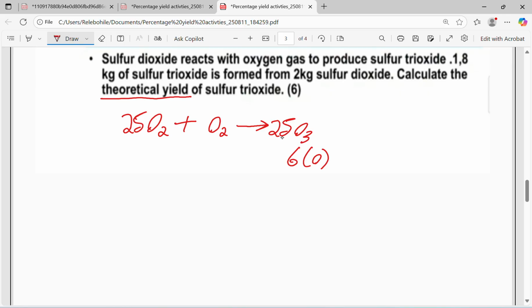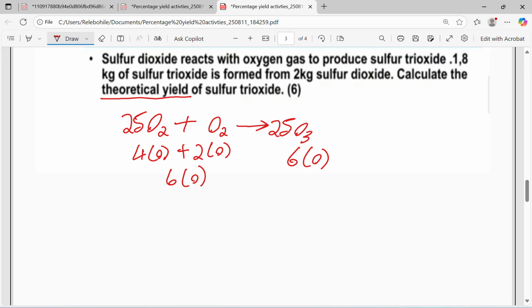Once I'm done with this part, I check my oxygens. Sulfur is 2 here, even this side. But what about oxygen? Now that I have this 2 up here, 2 multiplied by 2 gives me 4 oxygens, plus this 2, which gives me 6 oxygens in total. This means my equation is now balanced.